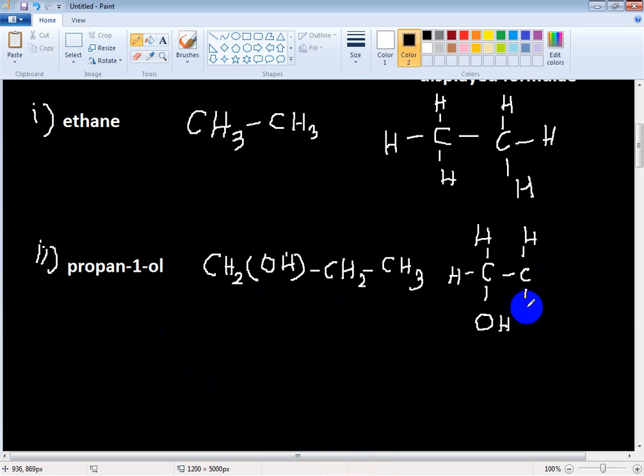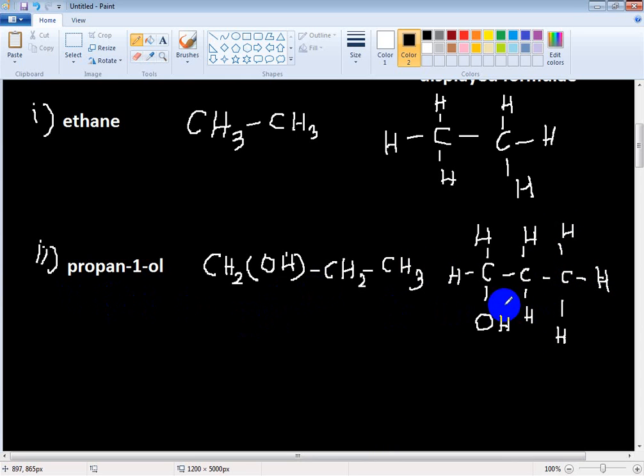This is CH2, this carbon hydrogen bond, and here this carbon has 3 hydrogens and the bond is shown here. This is propan-1-ol. This is the structural formula.